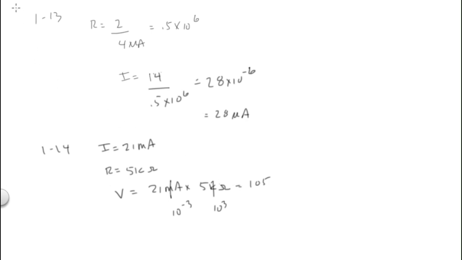Number 15. If the voltage of 1-4C is 45, what is the new current? So this one, 1-4C, if I change the voltage from 15 to 45, so the voltage here is 45, and I have 25k ohms.